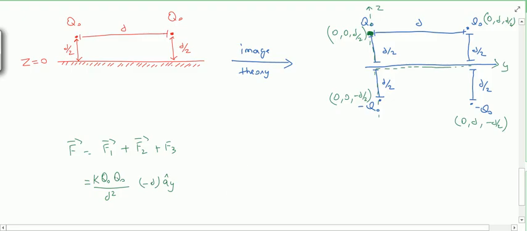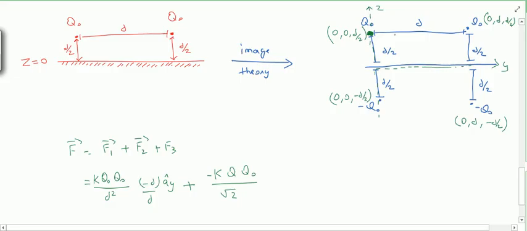Now here I have written minus d ay cap, so I have to put d here for the magnitude, right? So I can directly cancel this, I will do this later. F2 is due to, suppose, this charge minus q naught here, so the value will be k q naught times minus q naught by r square. The distance between them is what? Root 2 d, because you can see this is like a square.